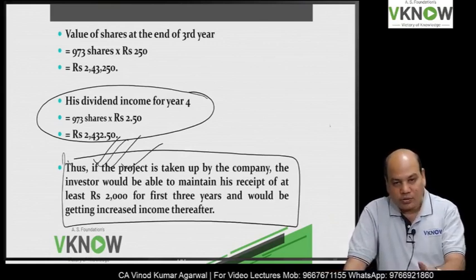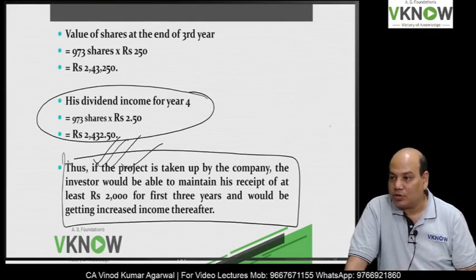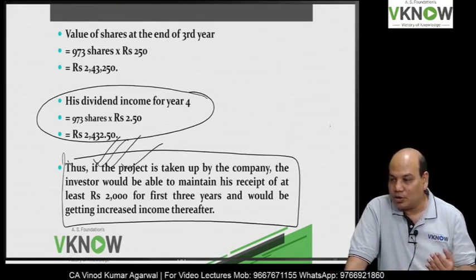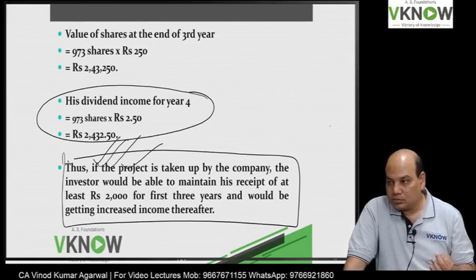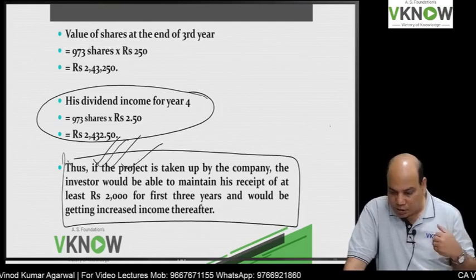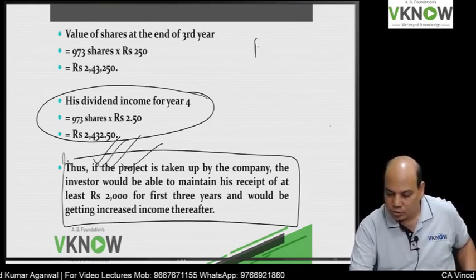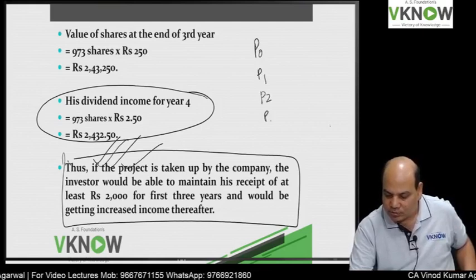One student has a doubt in the physical classroom. Yes, please ask your query. Ask slowly. I will repeat the query also. We got P0, that was the price today. You can do reverse working also. Answer will be the same.